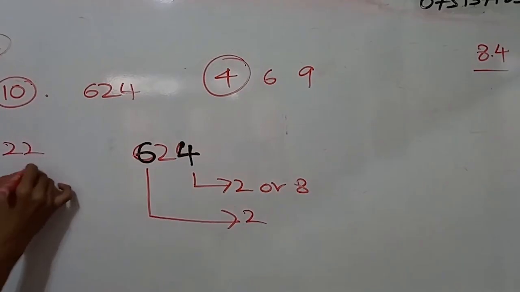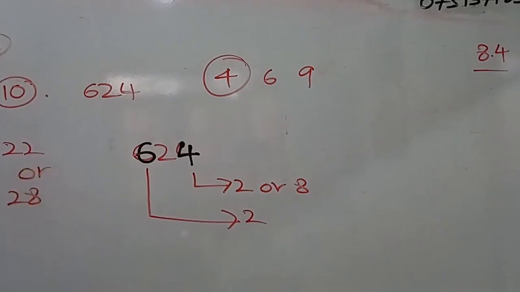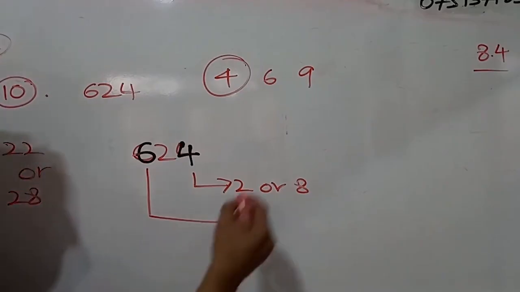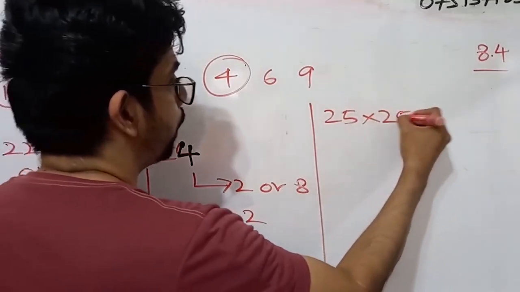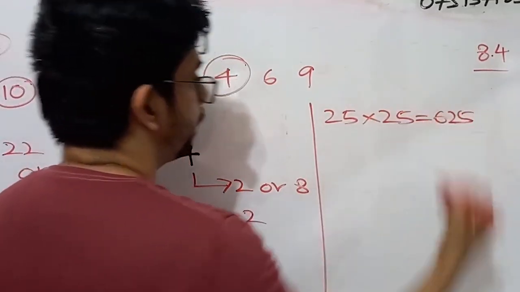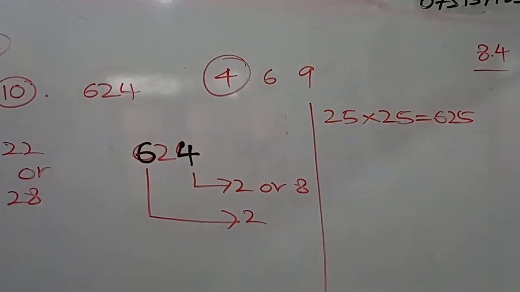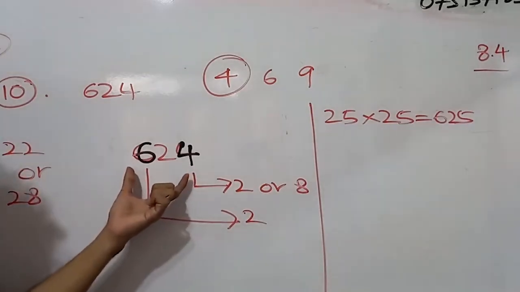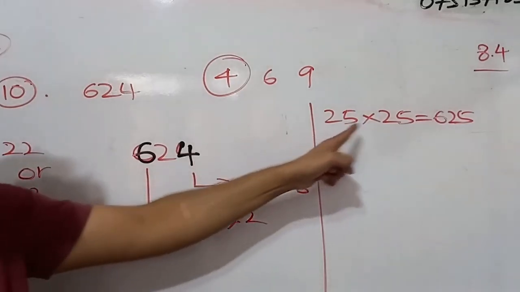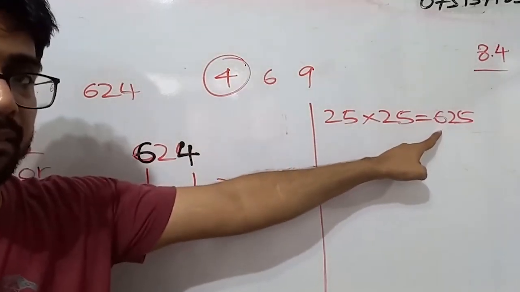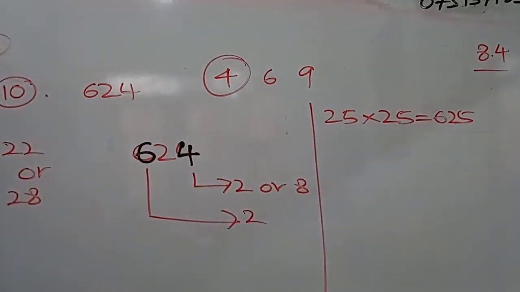It can be 22 or 28. So we know that if we take the square of 25, this is 625, right? The number that we are checking is 624. Even 25 into 25 is 625. So it is pointless to check the square of 22.